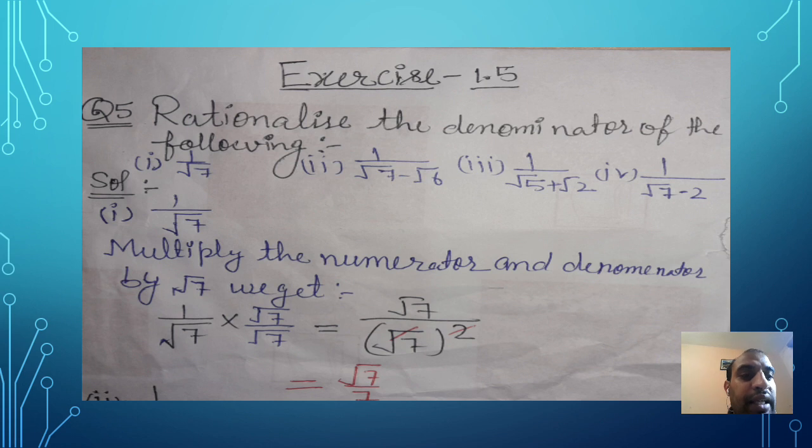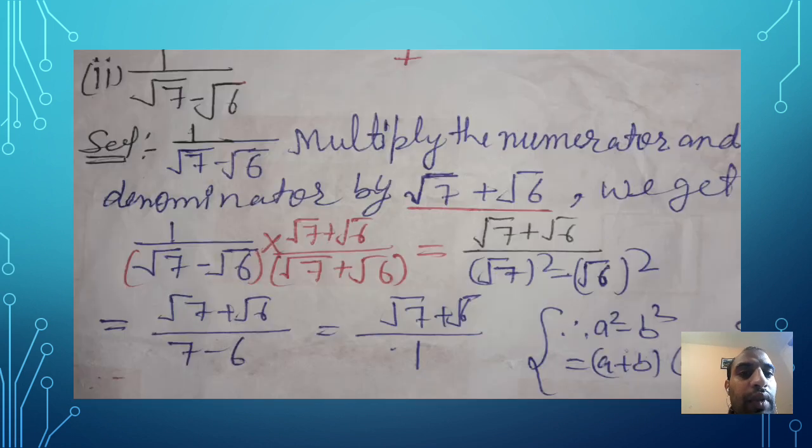So let's take the second category. When you have two terms, as you can see here, in the question 1 upon under root 7 minus under root 6. As I told you, my dear students, whenever you have two terms, you need to change the sign of the middle term. You can see the middle sign is minus.